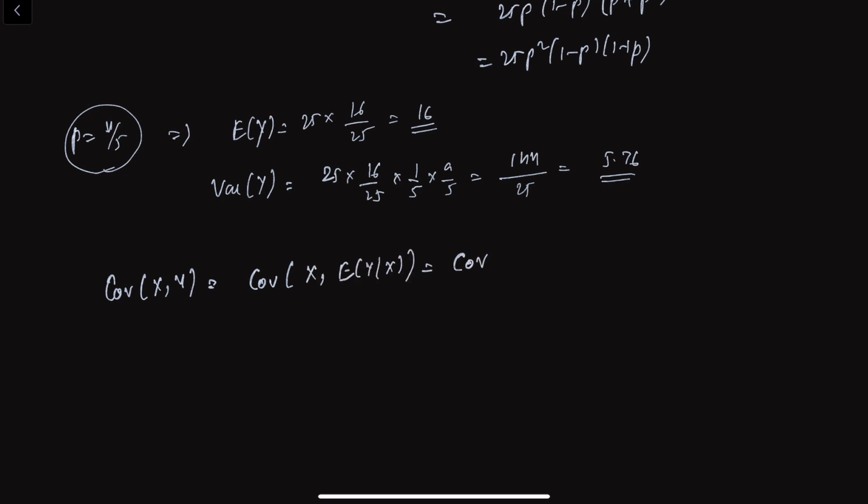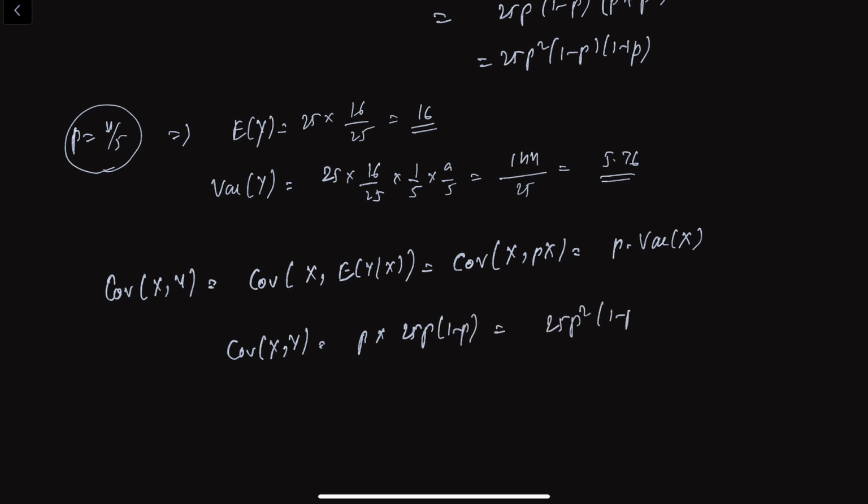That is the covariance of X comma pX, which is p times the covariance of X and X, which is the variance of X. So the covariance of X comma Y is just p times the variance of X. The variance of X is 25p into 1 minus p, so the covariance would be 25p square into 1 minus p. That is nothing but 25 into 16 by 25 into 1 by 5, which is 16 by 5, and that is 3.2.